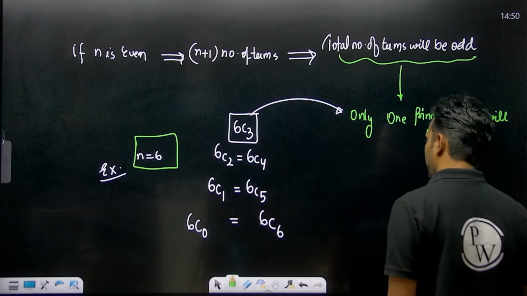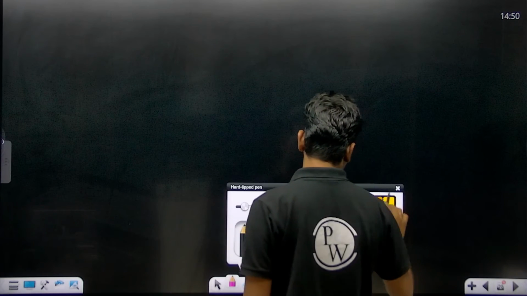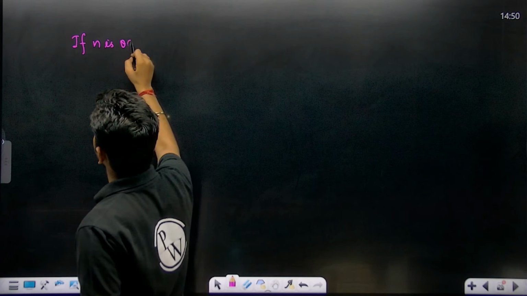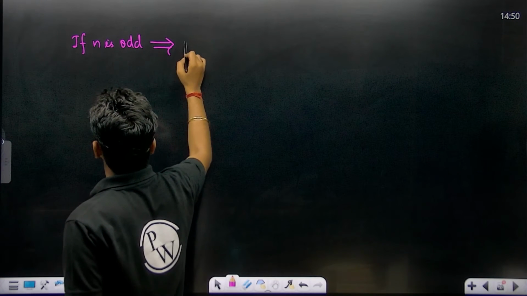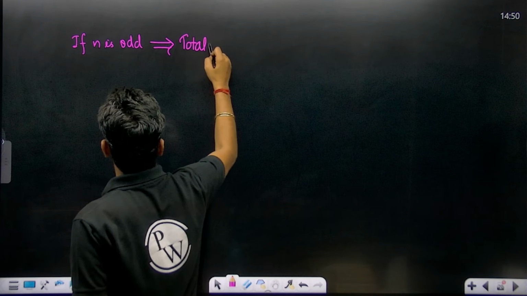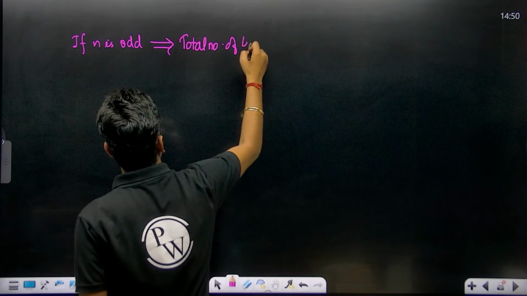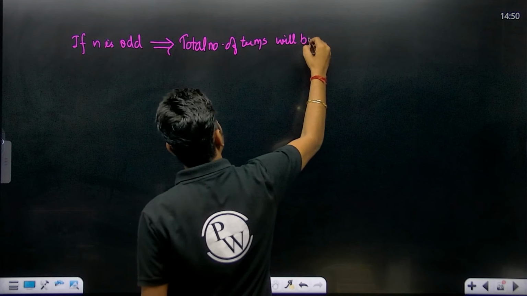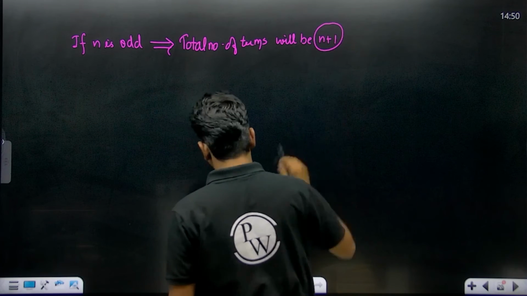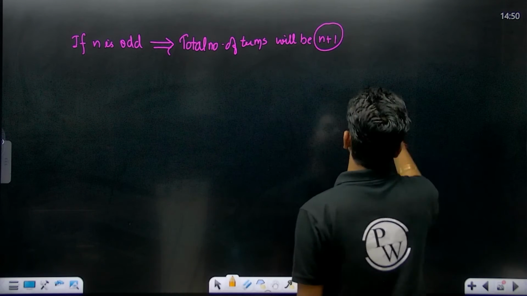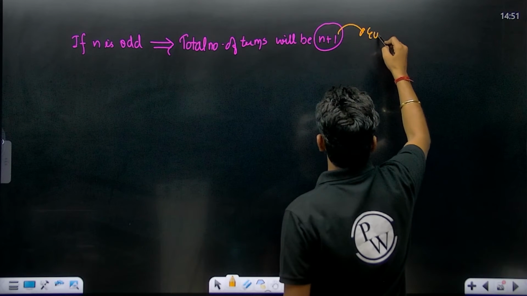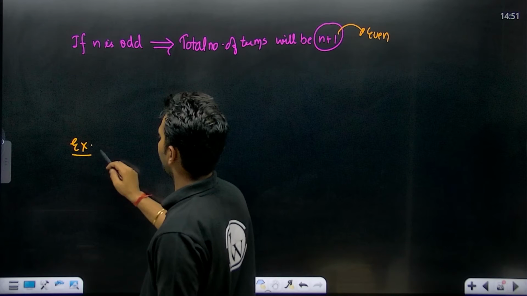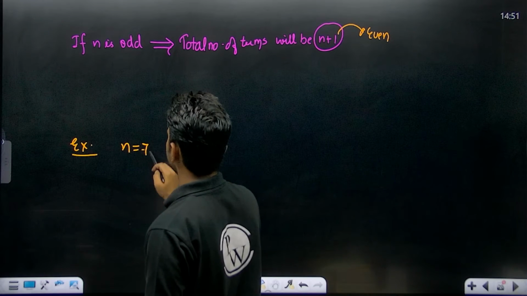Okay, if n is odd, then the total number of terms, n plus 1, is going to be even. Like for example, if we take n equals to, let's say, 7.